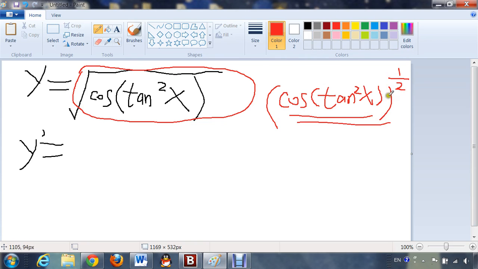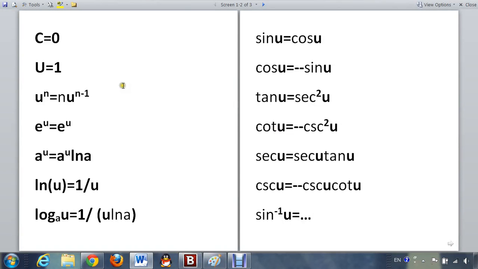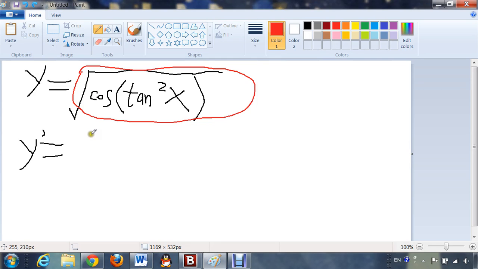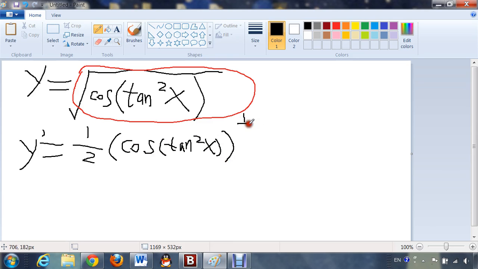Now, after we rewrite that, we go back to the sheet and look through it, and we find the power rule again. So we write it as 1/2 of this cosine of tangent square x, and the power will be 1/2 minus what?